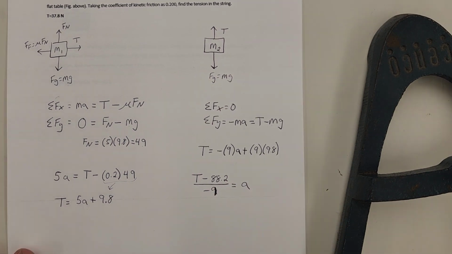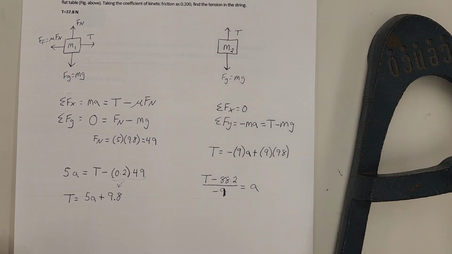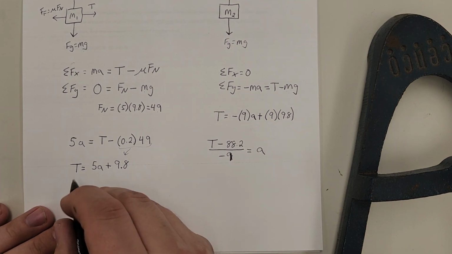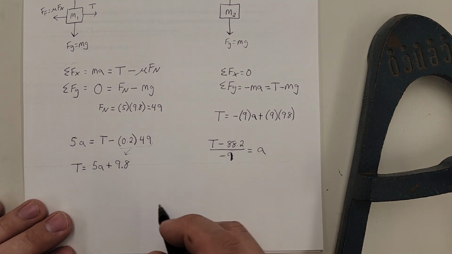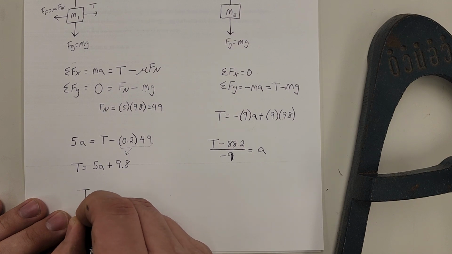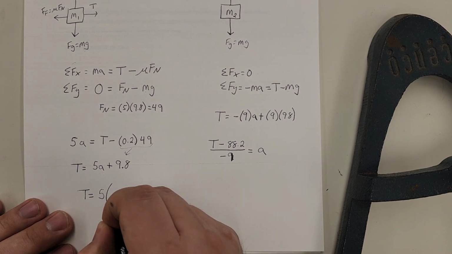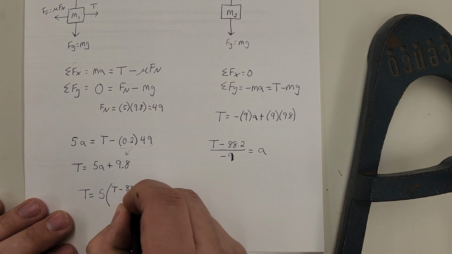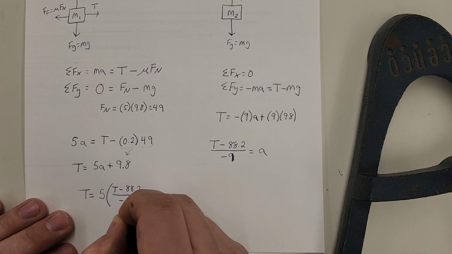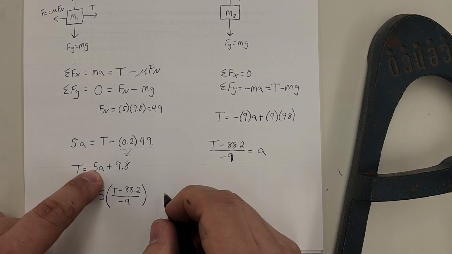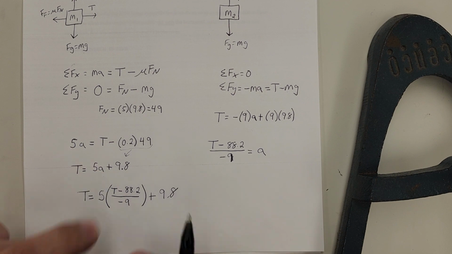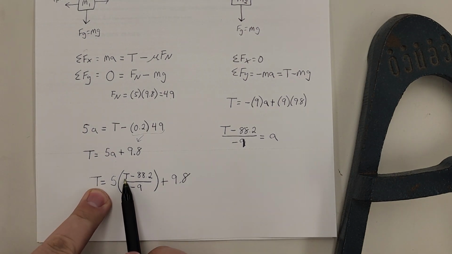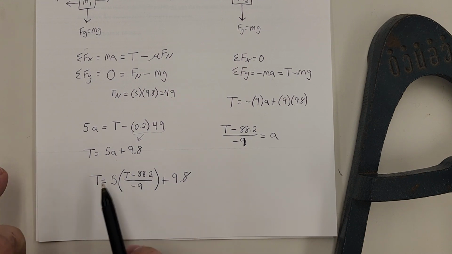I apologize if my 9s look like a's. If I take that a and plug it in over here, it's going to get a big equation, a little nasty, but it's going to get there. We'll have t is equal to 5 times, now a is this, t minus 88.2 divided by a negative 9, and then you can't forget the rest of it, plus 9.8. Now I've got an equation that only has t's in it. I just have to get the t's on the same side.